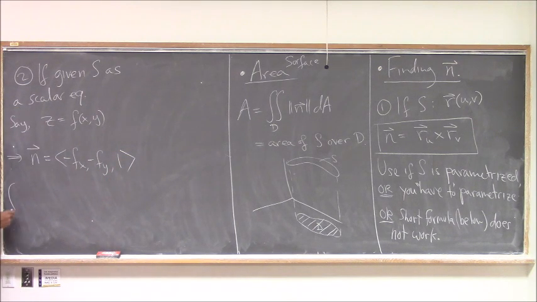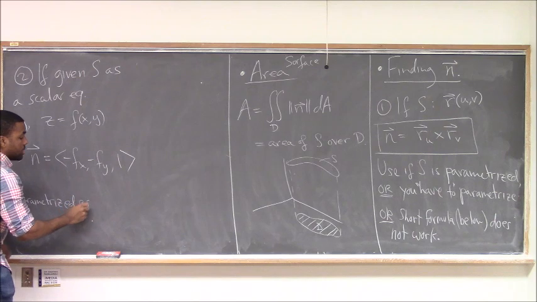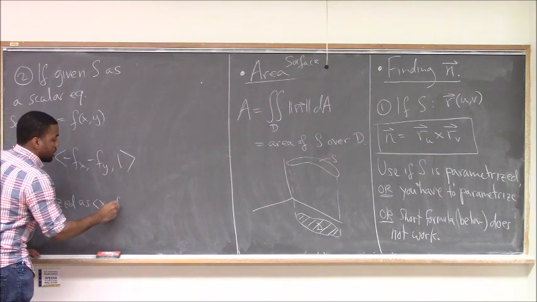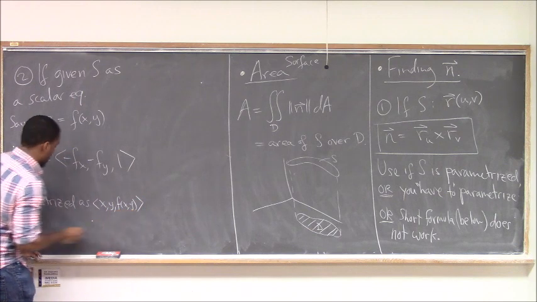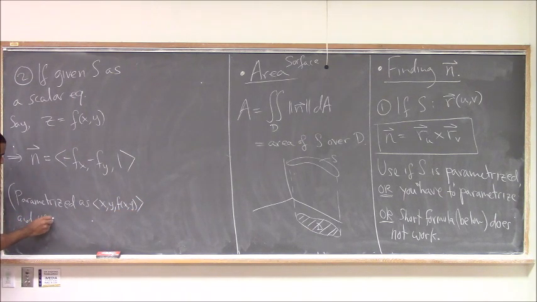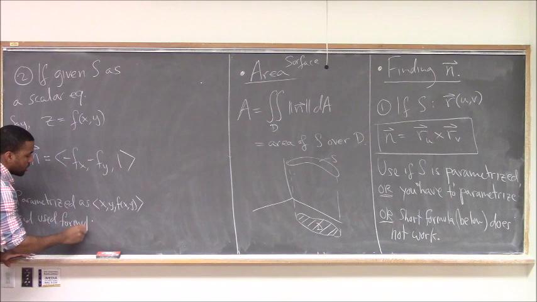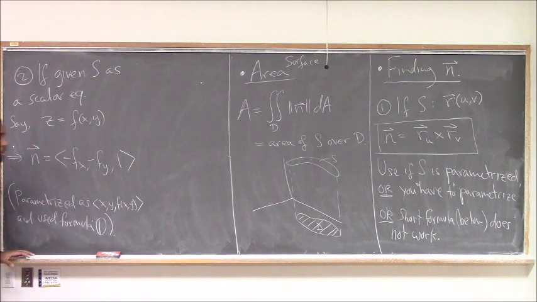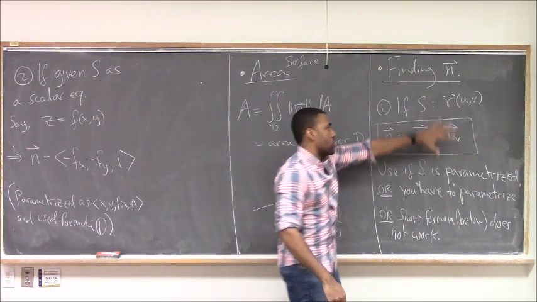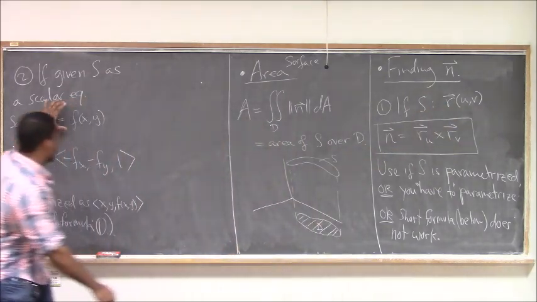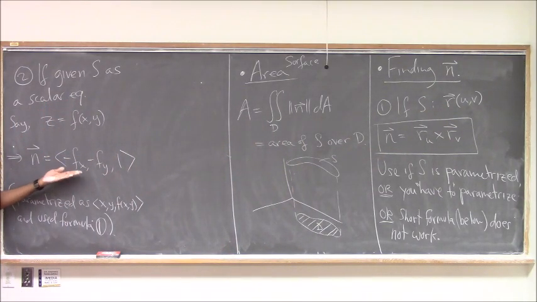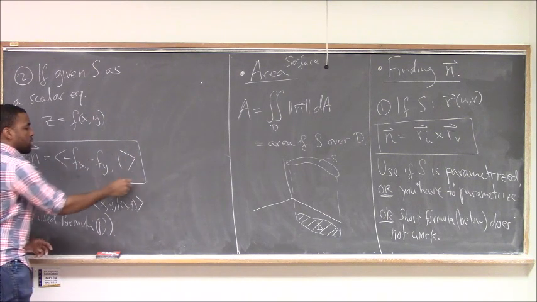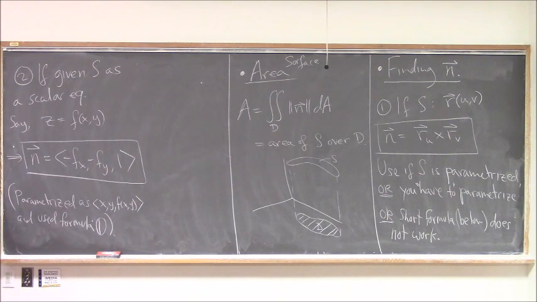Basically you parametrized as x, y, f of x y and used formula 1. So you did all the work for this guy, you crunched the numbers for this situation, and this is your result. It saves you from doing a cross product if you know that this formula is just going to fall out right away. You can immediately jump to this once you have this situation.